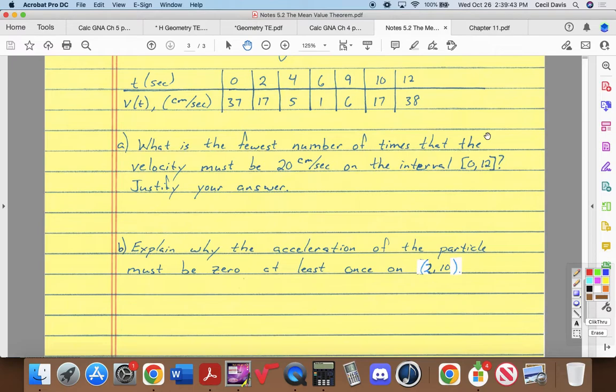We have no way of knowing. Because have they given us the velocity for every value of t? No. I mean, it's possible that at some point the velocity was 4,000 centimeters per second. We just don't know. So for part D, it cannot be determined from the given information.